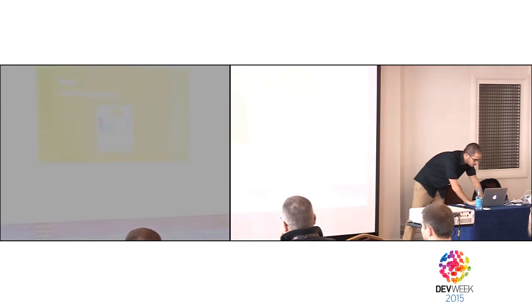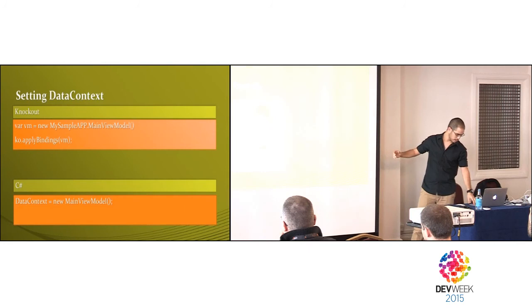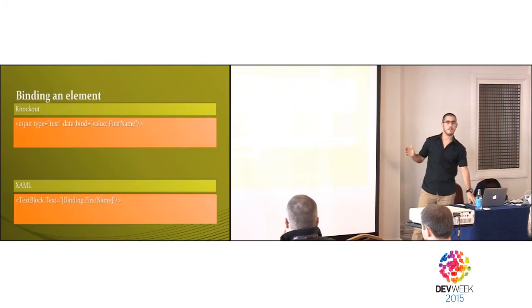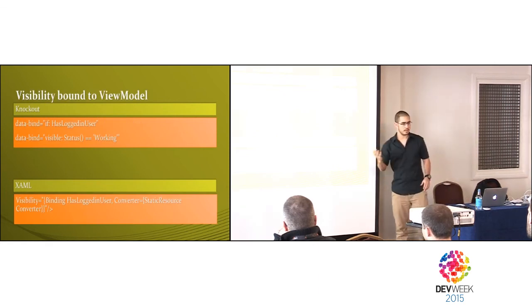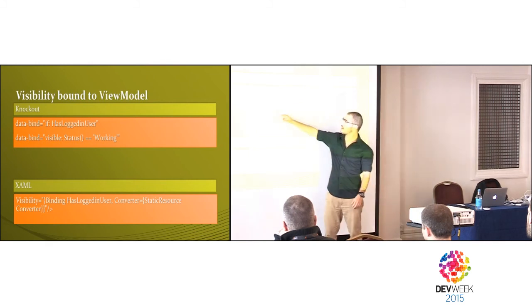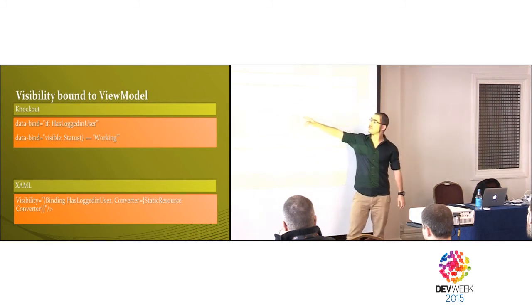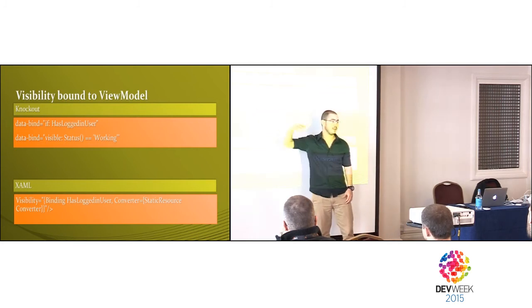I also added here a couple of slides saying everything we've seen: how to set the data context, how to bind an element, how to play with the visibility, something that I haven't shown you that's quite nice. You see this kind of thing, you have to set the visibility and say some kind of if statement.